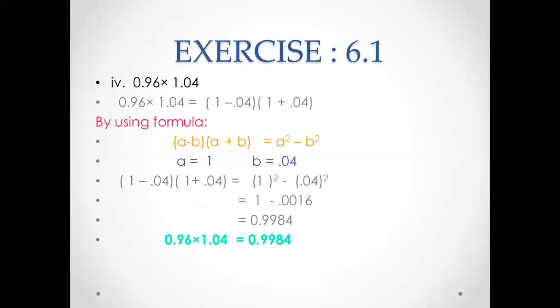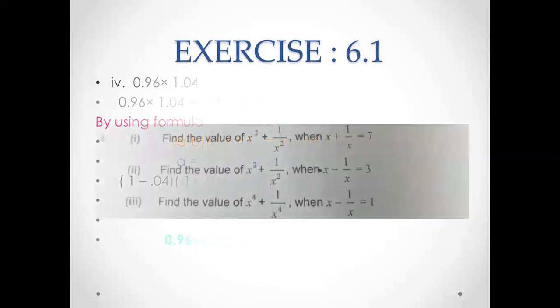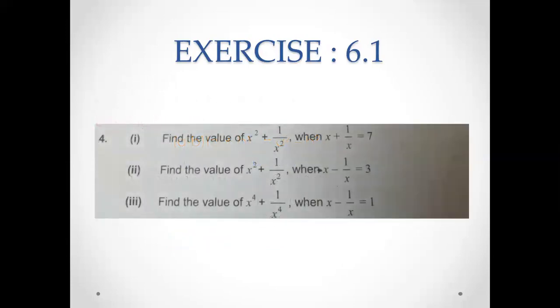Don't write the actual answer that comes on the screen of your calculator. After subtracting, you get your answer. You can also verify this answer by multiplying 0.96 and 1.04. These all three formulas are a review of your previous class 7.